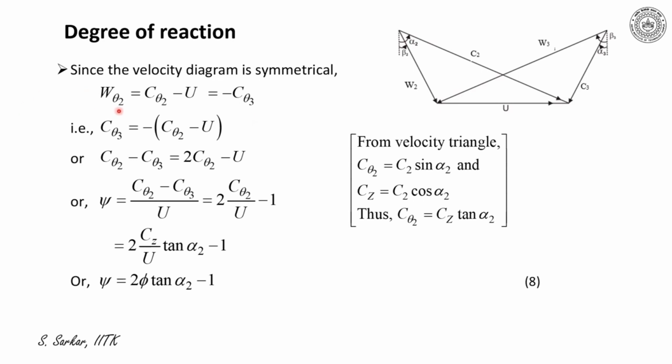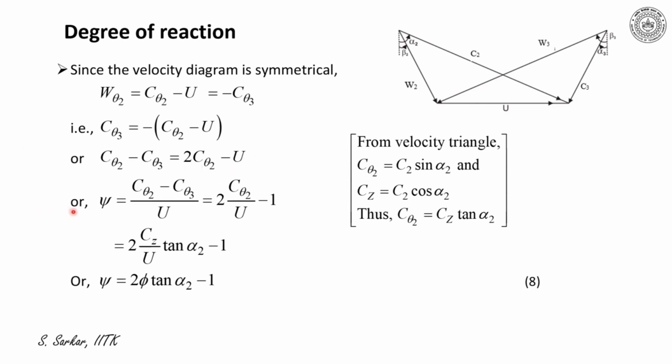Look, W theta 2 and C theta 3 are in opposite directions. Hence, I can write C theta 3 is equal to minus (C theta 2 minus U). Now, C theta 2 minus C theta 3, putting the value of C theta 3 here, would be equal to twice (C theta 2 minus U).